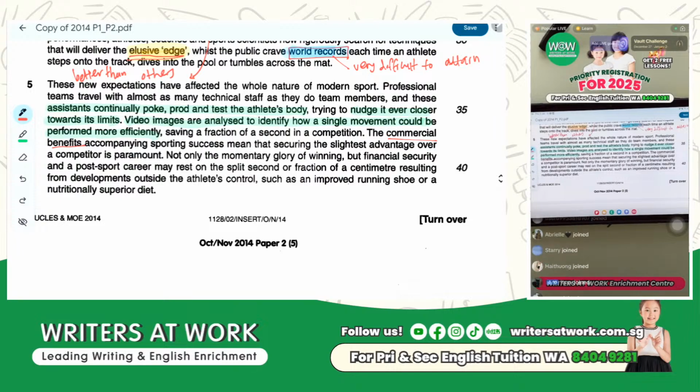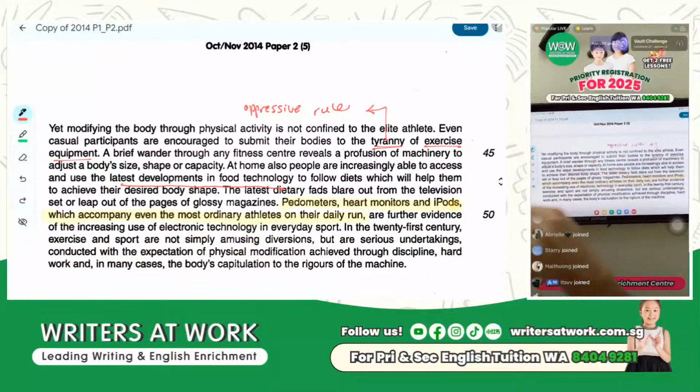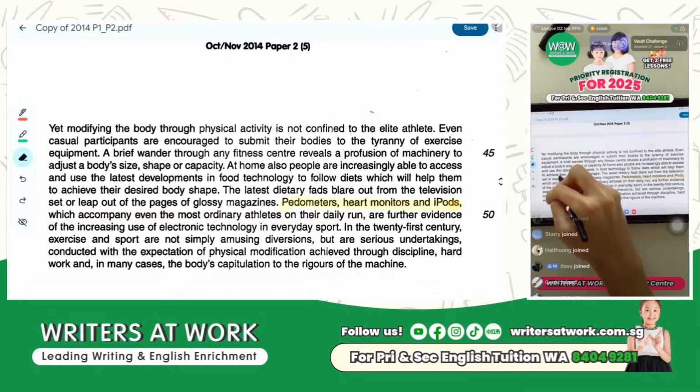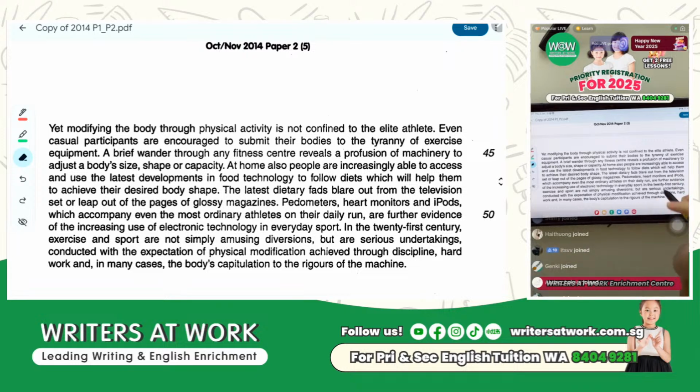Now moving to paragraph 6. I'll just erase all this stuff so we can look at our points better. The first thing we observe is over here: they need to submit their bodies to the tyranny of exercise equipment. With all this technology, they create all your weightlifting equipment and the various kinds of bodybuilding equipment.